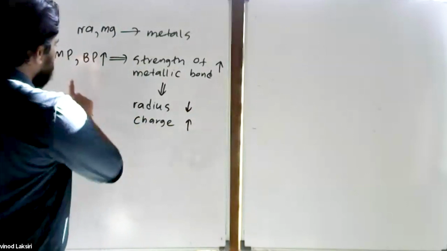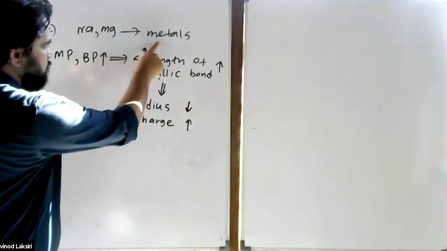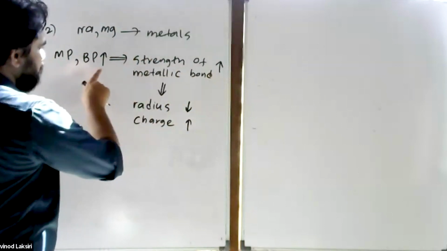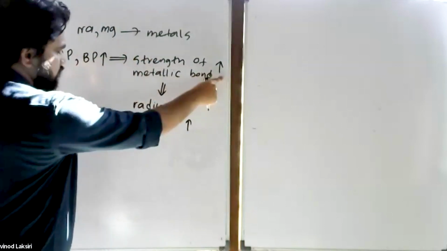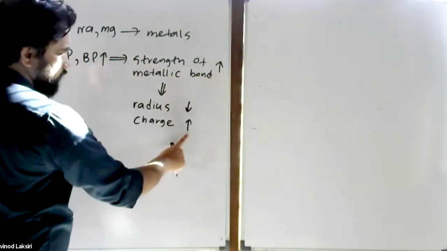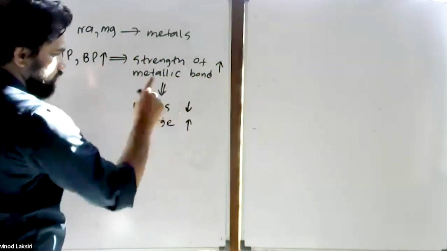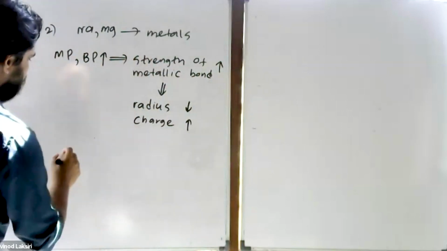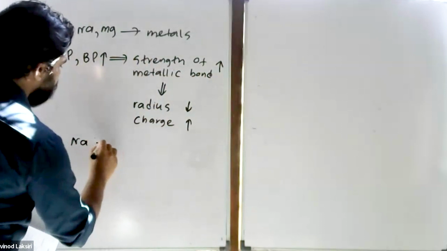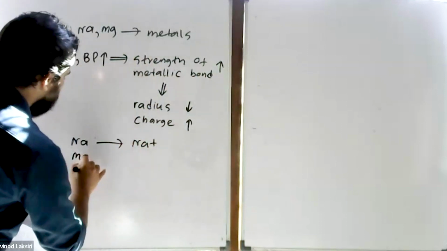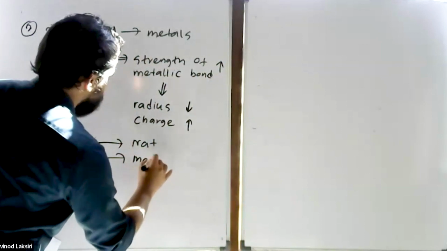You understand? MP and BP increase with increasing strength of the metallic bond. The strength of the metallic bond increases with increasing charge and decreasing radius of the metal cation. We have to consider the metal cation, right? Therefore, I will compare the cations: sodium is Na+ and magnesium is Mg2+.